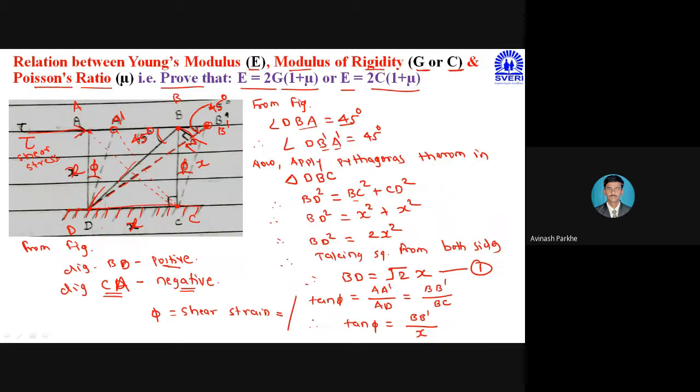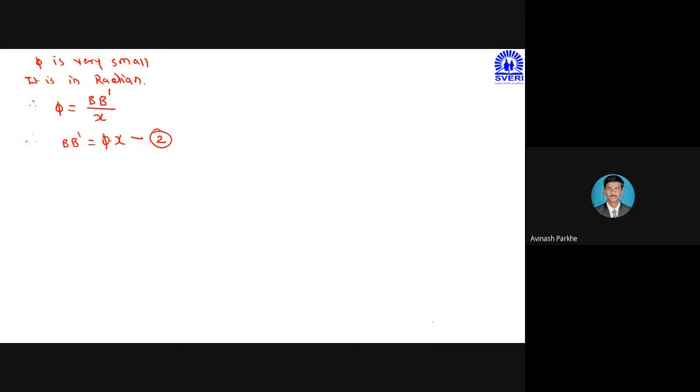In the previous case, we applied the tan rule. Tan is equal to front side upon adjacent side, which is A dash upon AD, equal to B dash upon BC. I have to calculate the B dash value. Therefore, I have taken tan phi equal to B dash upon X. But as we know, the phi angle is very small in magnitude, or it is measured in radian.